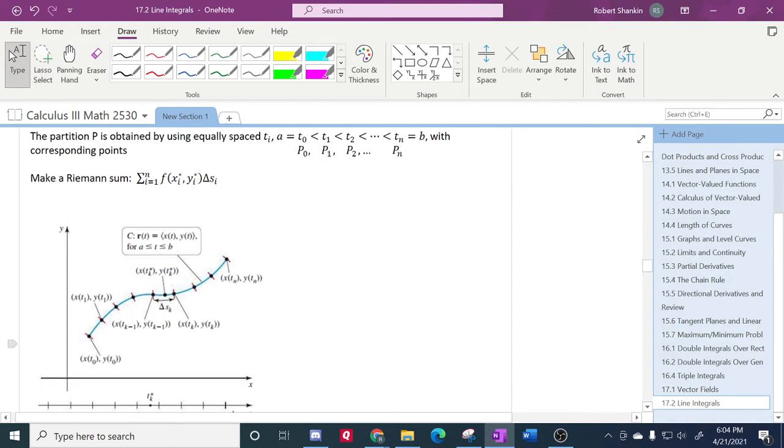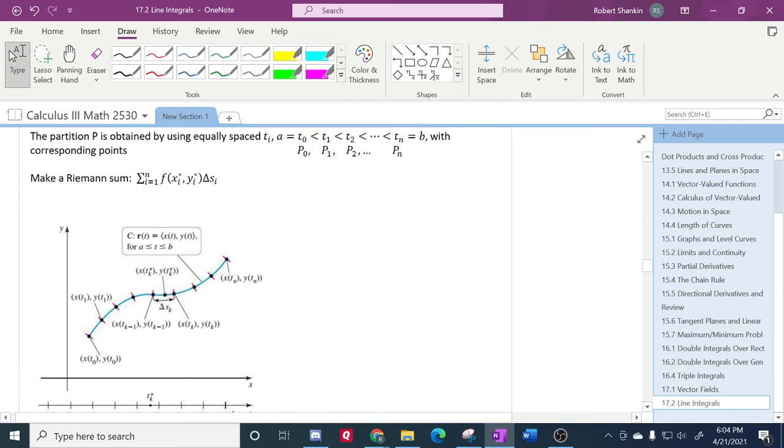Okay. Now, we're going to make a Riemann sum. In each one of these subintervals, you're going to be multiplying the length of that subinterval, so if this is like half a unit from here to here, times a value of the function.